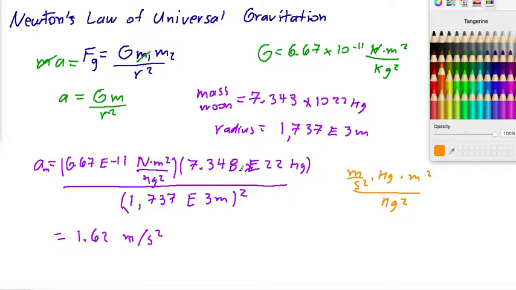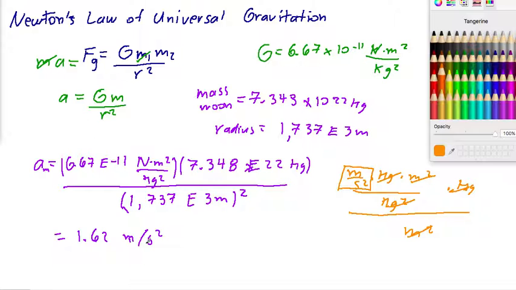Then we multiply it times kilogram, and we divide this whole thing by meter squared. Notice kilogram times kilogram is kilogram squared, so that cancels this right here. Meter squared cancels the meter squared on the bottom, so your final answer's units are meters per second squared, which is exactly what we have here.